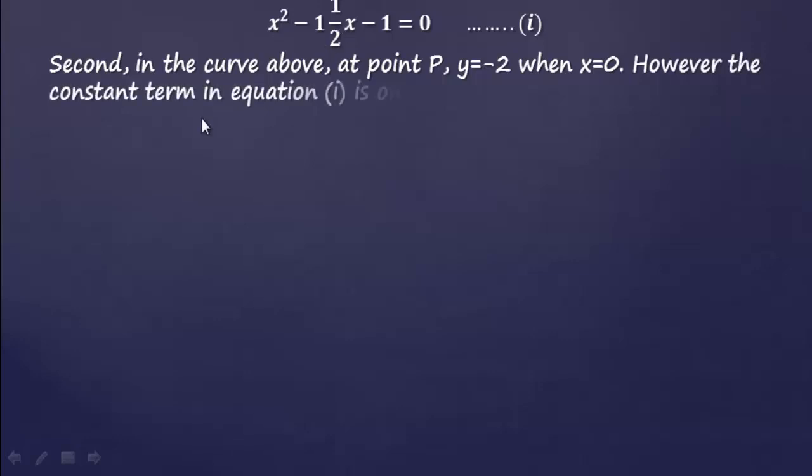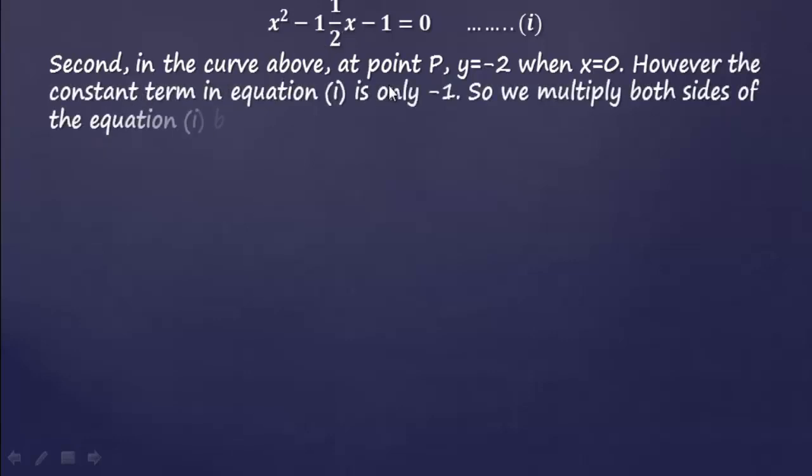Now in the curve above at the point P, y equals minus 2 when x equals 0. However, the constant term in the equation is only minus 1. So we multiply both sides of the equation by 2. So this one, you have 2x squared minus 3x minus 2.